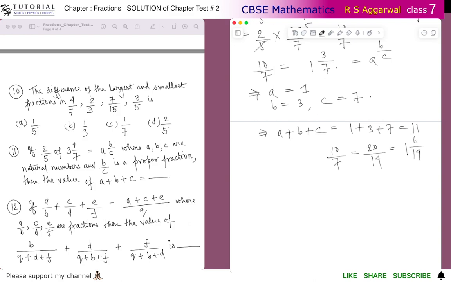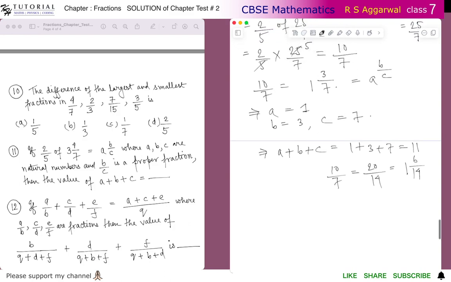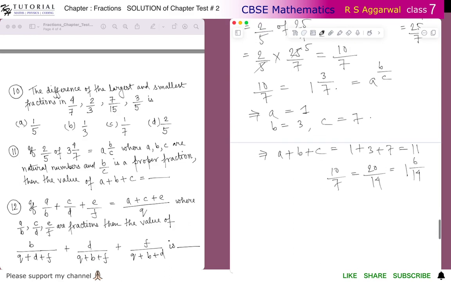In that case, we got 10 by 7 equals a upon b by c, so we must have a equals 1, b equals 3 and c equals 7, and a plus b plus c will be 1 plus 3 plus 7 equals 11. So 11 is the answer, but I made a mistake in the question. The question should have said b by c is an irreducible fraction. I am sorry for that.